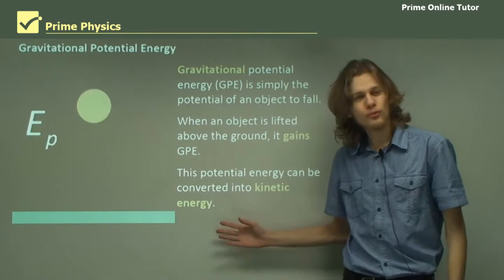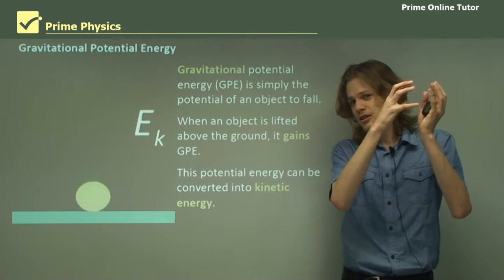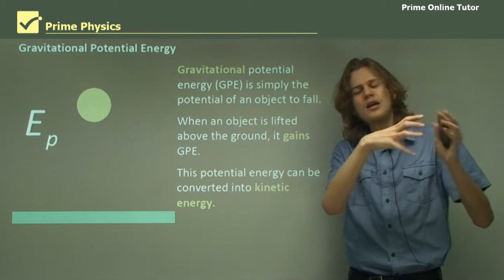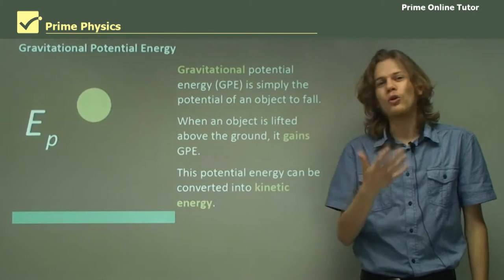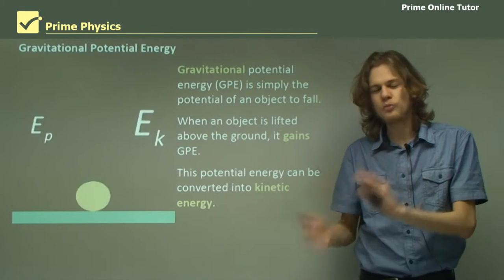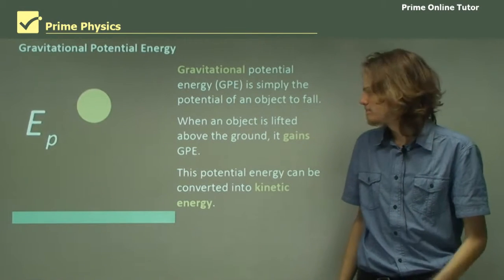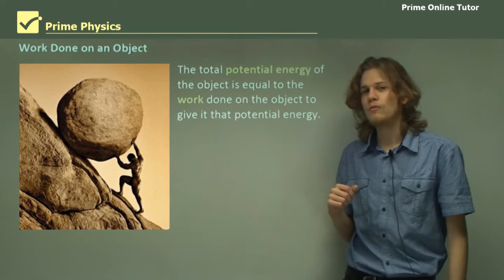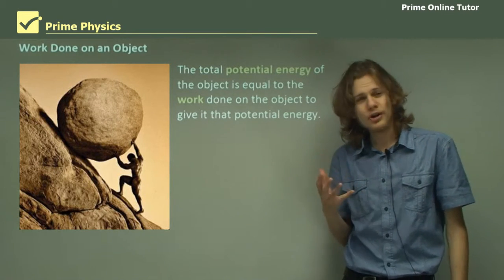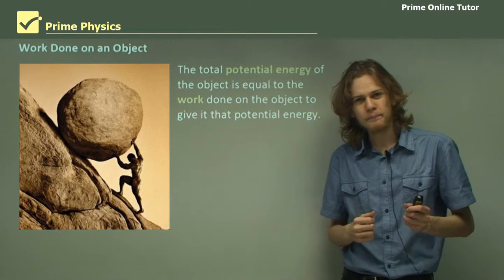And so when a ball does fall down, it's converting that potential energy that it has hanging in the air into kinetic energy. And in doing so, it loses all of its potential energy as it transforms into kinetic energy. It turns out the total potential energy of the objects is equal to the work it takes to make them that way.